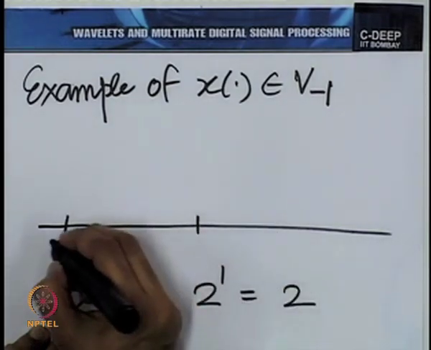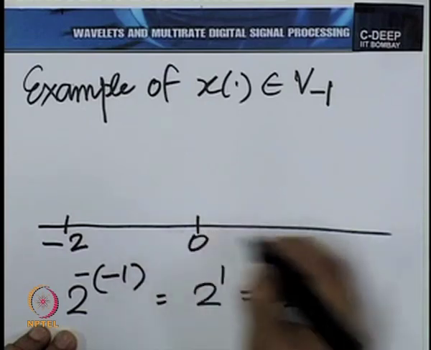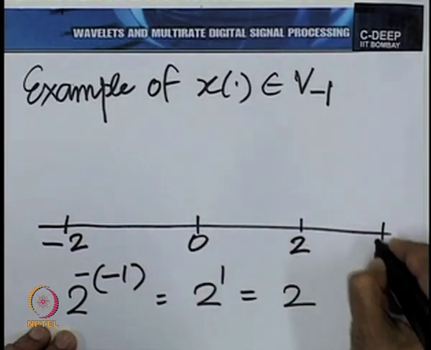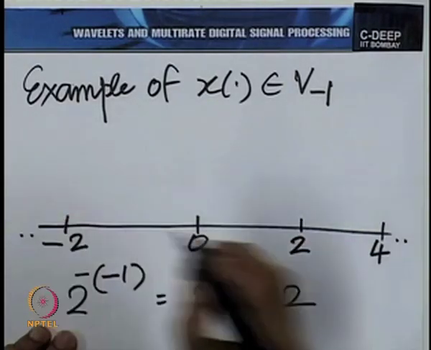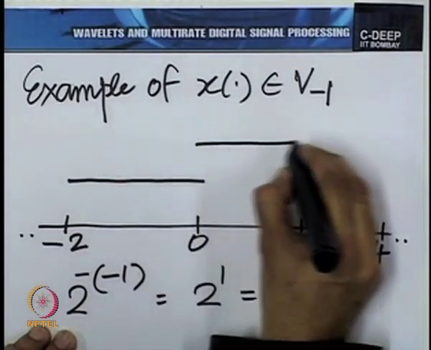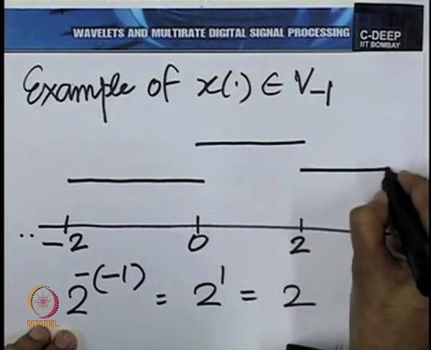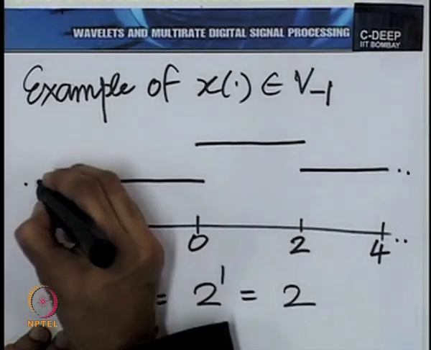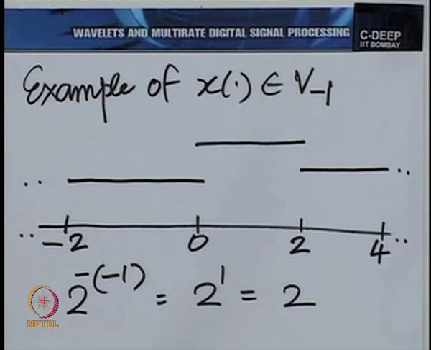So, intervals of size 2 and so on there and so on there, and we have piecewise constants there. And so on here and so on there. So, now we get our ideas fixed, what we mean by the spaces V m.